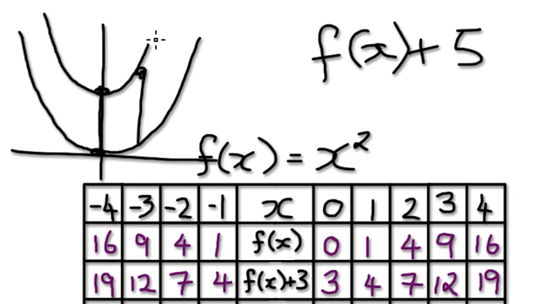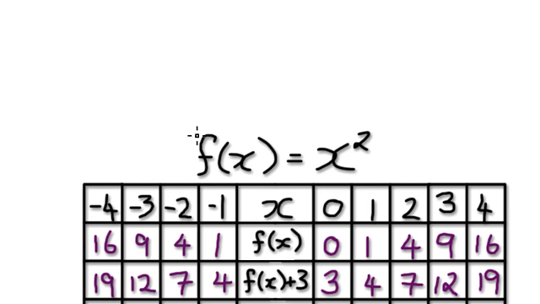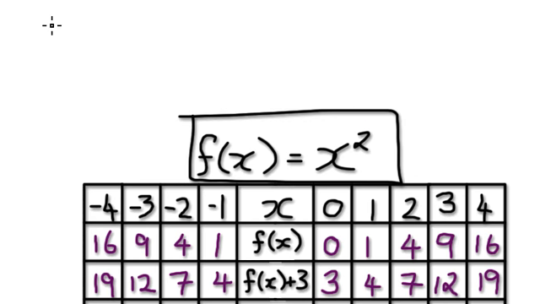So your new graph, you see this graph here will be f of x, and this one here will be f of x plus 5. It would be like this. Okay. If you get given this function here, so if you sketch it, it will look like this.